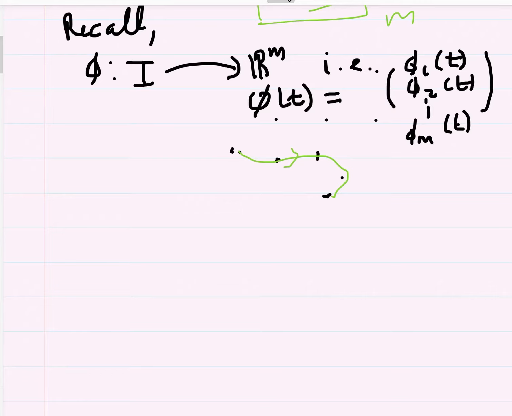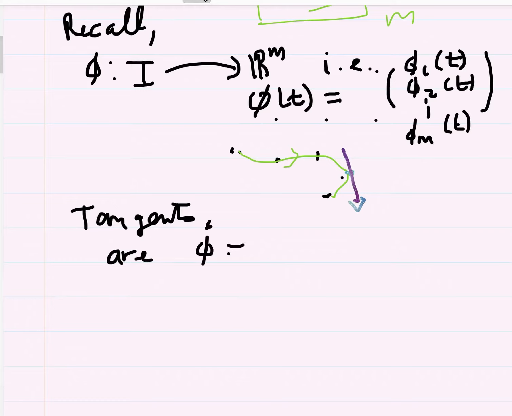Now you may also recall that at each point, the tangents to these curves are written as phi dot. The tangents to this curve in Rm are what we'll call phi dot, where dot is the derivative with respect to the parameter t.